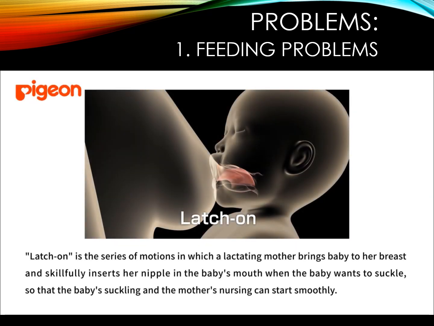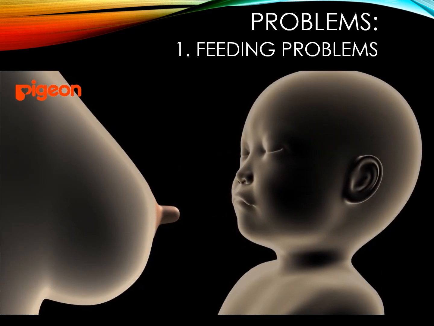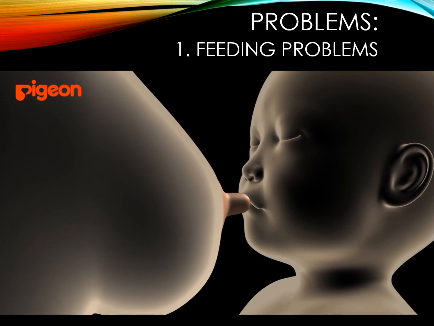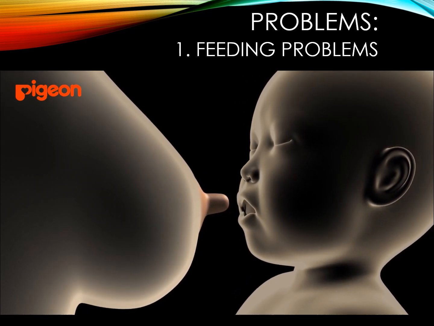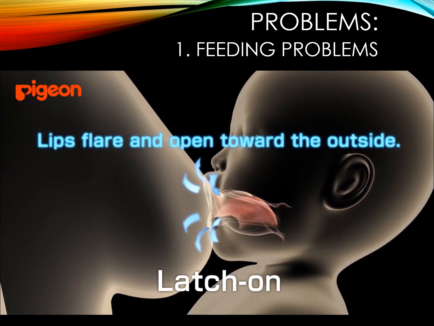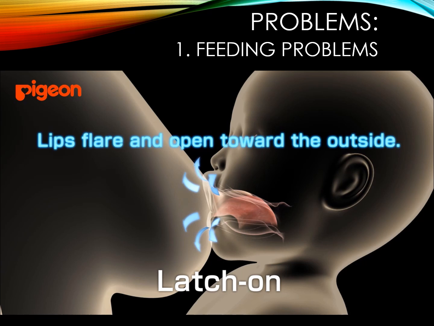Latch-on is the series of motions in which a lactating mother brings the baby to her breast and skillfully inserts her nipple into the baby's mouth when the baby wants to suckle, so that the baby's suckling and the mother's nursing can start smoothly. When the area around the baby's mouth is stimulated, a reflex causes the baby to open its mouth and start suckling. When the nipple is placed on the baby's tongue, the baby's lips flare, opening wide toward the outside of the nipple. In this way, the baby takes the mother's entire areola into its mouth.